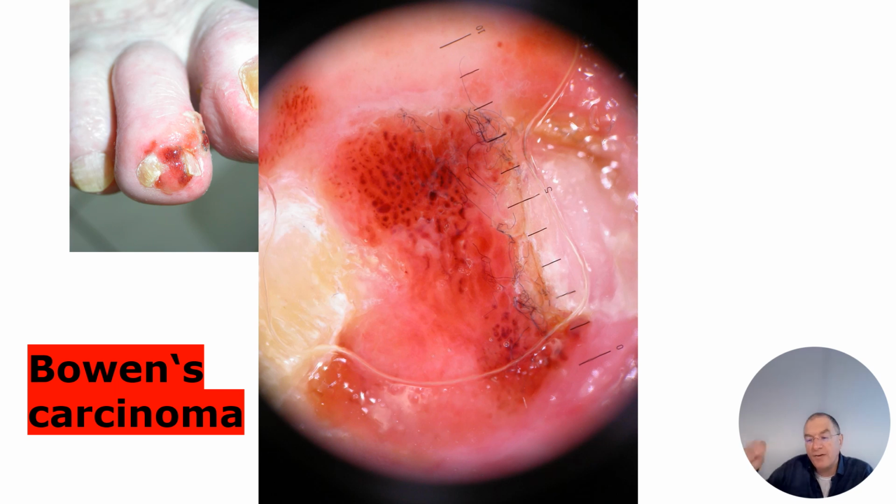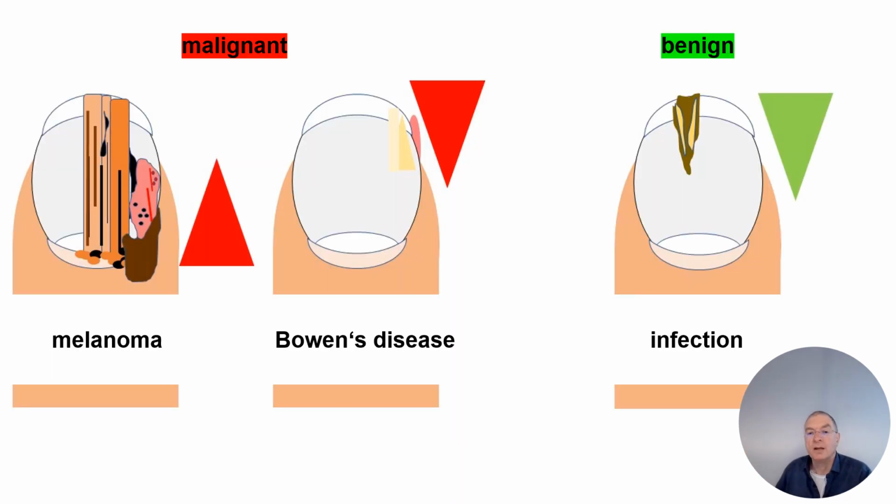That means invasive carcinoma. So for me, when I see longitudinal melanoma here, with this triangle proximal towards the patient, we have a good hint for melanoma, and also with the Hutchinson sign.